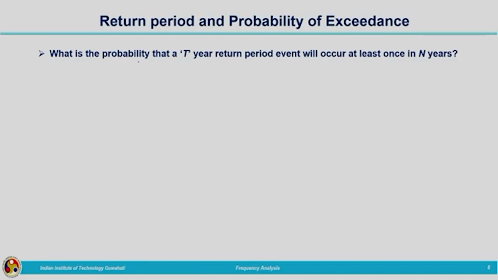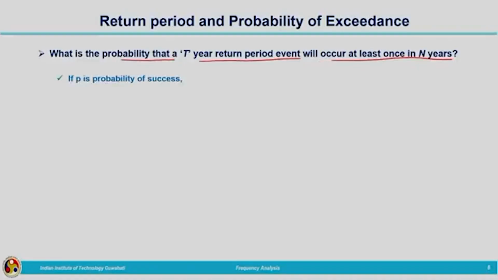Now, what is the probability that a T-year return period event will occur at least once in n years? What is return period? The interval between the occurrence of frequent events. Now, the question is what is the probability that an extreme event will occur at least once in n years?